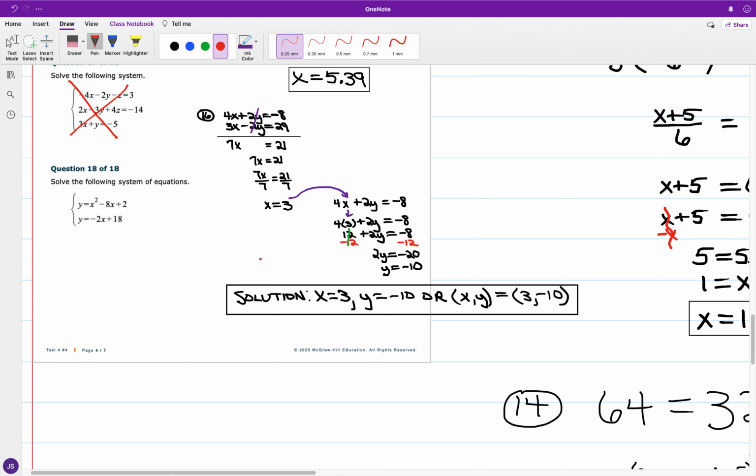got y is equal to x squared minus 8x plus 2. Okay, so we have y as a quadratic function, and we also have it as a linear function.